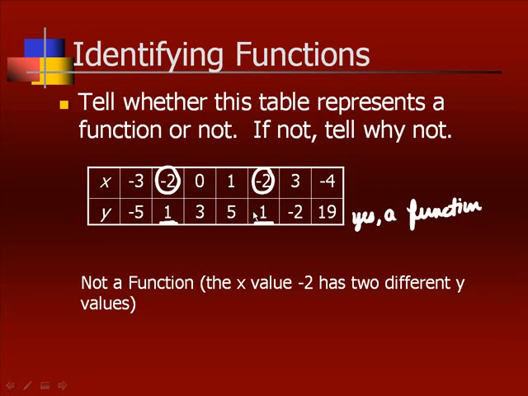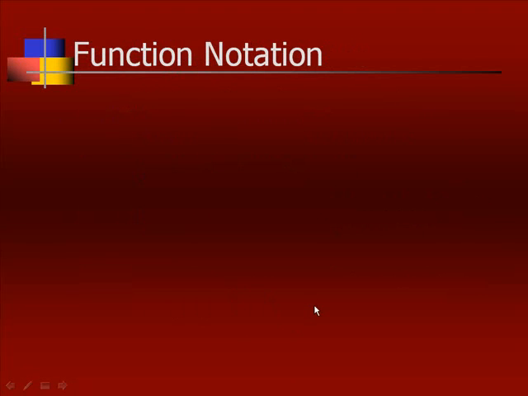Okay, that was sort of a typo. This is supposed to be -1. So if at that point we had that the x value is -2 and the y values are 1 and -1, then it's not a function because the x value of -2 has a y value of 1 and it has a y value of -1.